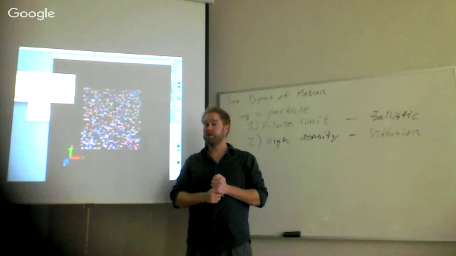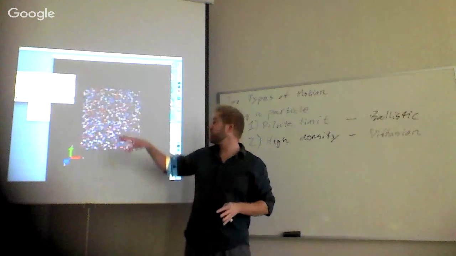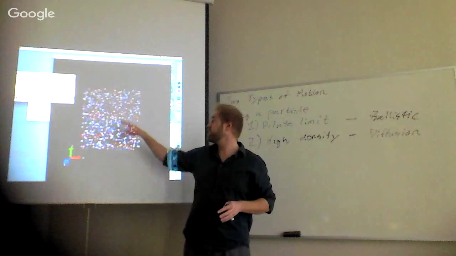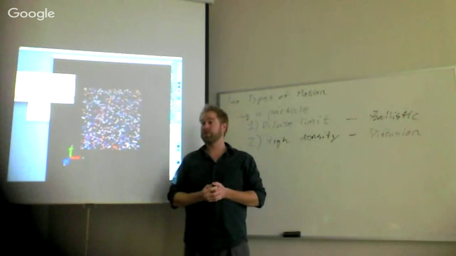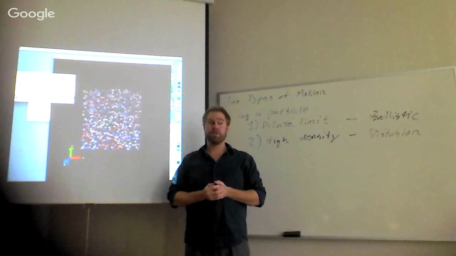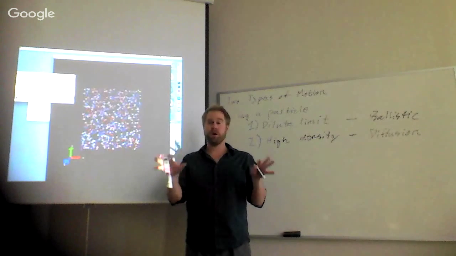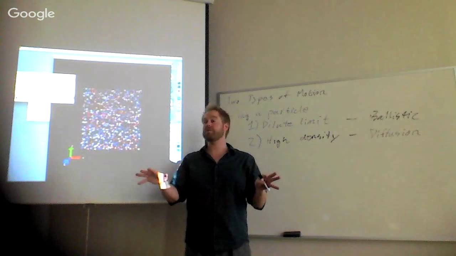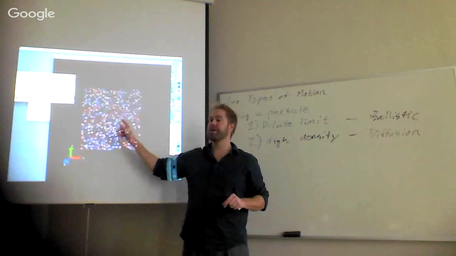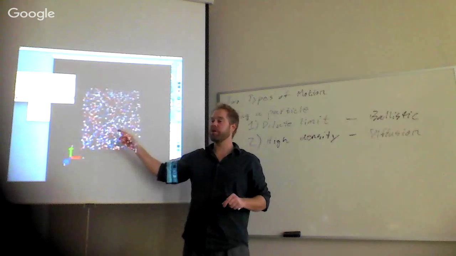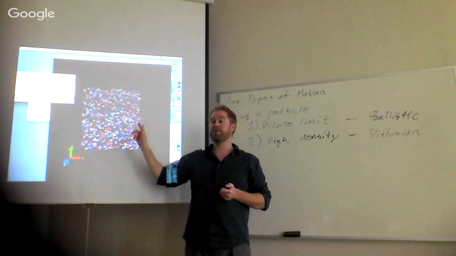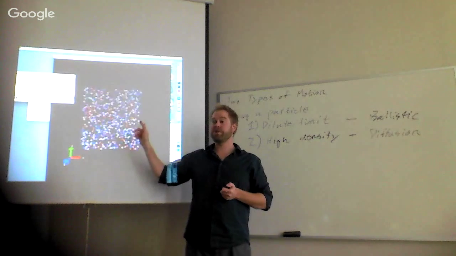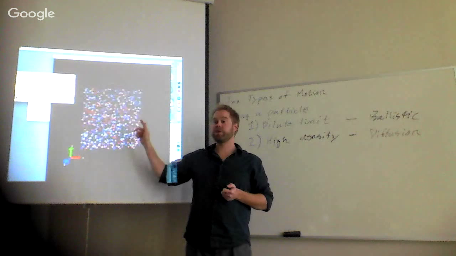Cool? So instead of doing an MD simulation with all these particles and just isolating one of them, I want to do a simulation with just one particle, but still have that random walk diffusive motion. So instead of explicitly simulating all these particles, I want to only explicitly simulate one and include the effects of the other particles implicitly in the equation of motion for that particle. Sound good? Okay, so we're starting our next topic then.